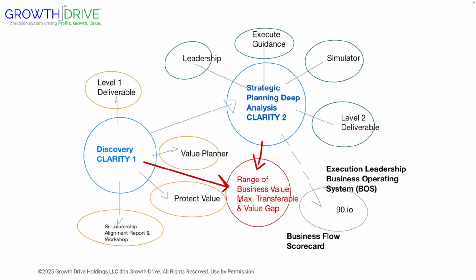If this business had high strategic capacity, here's what it would be worth, the top end of the range of multiples, and the value gap, which is often a wealth gap. So the range of business value, you can calculate after just a few minutes.